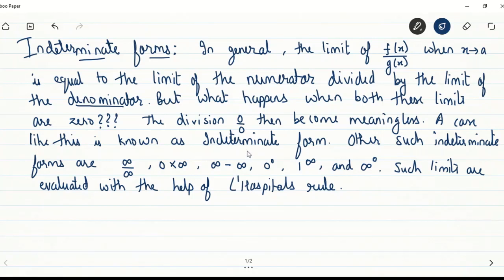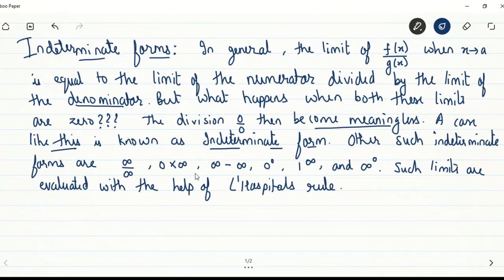We will get a division form of 0 by 0. We know that 0 by 0 is not determined, so this form becomes meaningless. Such a case is known as an indeterminate form.